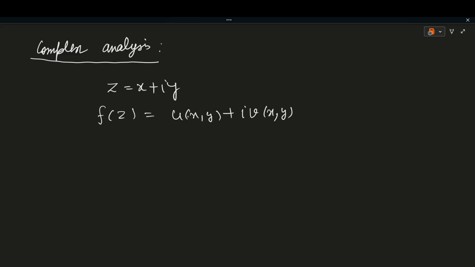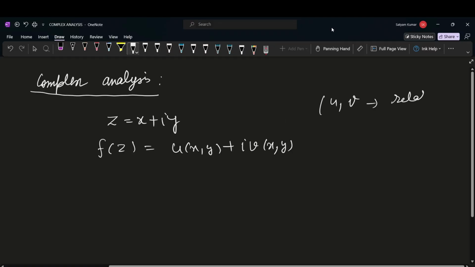This is a complex function which has two parts: first a real part and second an imaginary part. Both the real and imaginary parts depend on x comma y, two variables. So u and v are real valued functions.